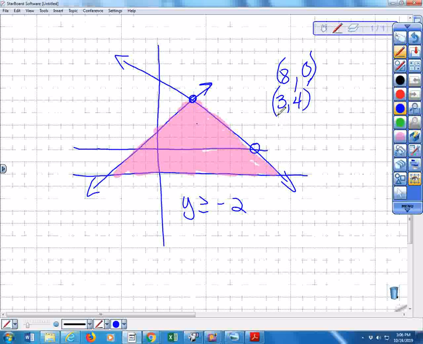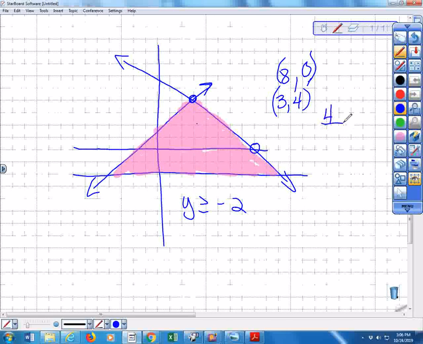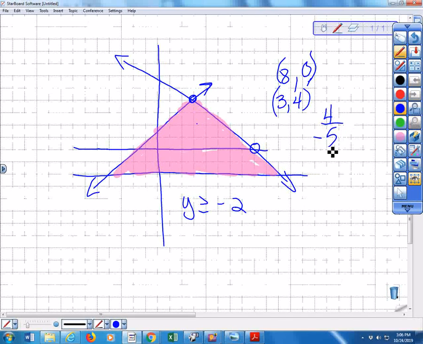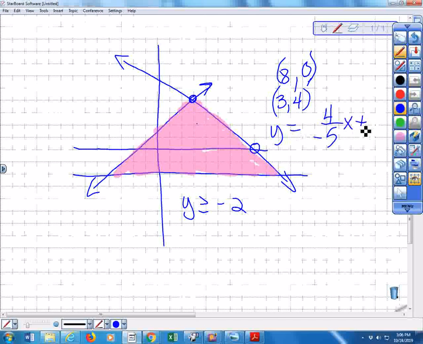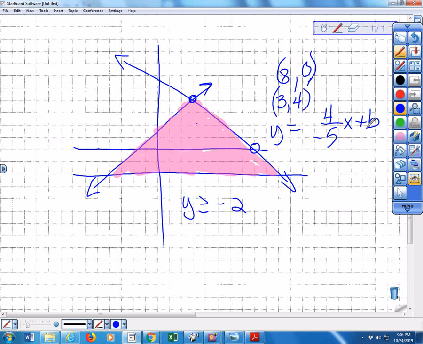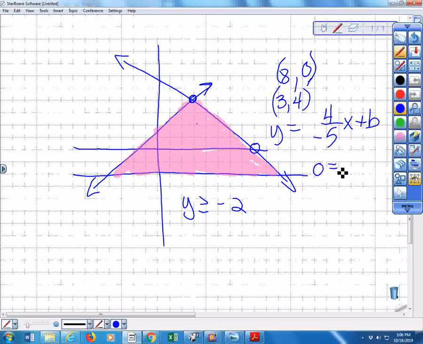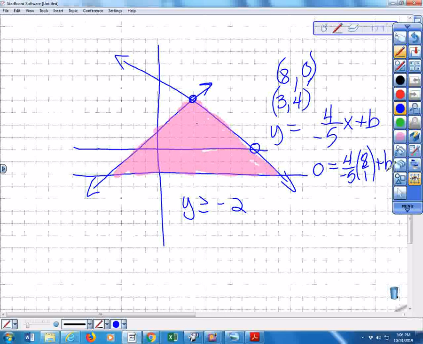Now I know how to make the equation of a line. I do 4 minus 0 over 3 minus 8, so the slope is negative 4/5. Okay, plug in a point. I'll plug in 8, 0. So this becomes negative 32/5.